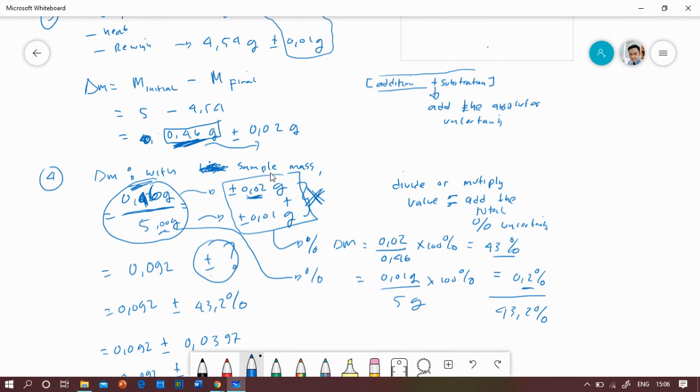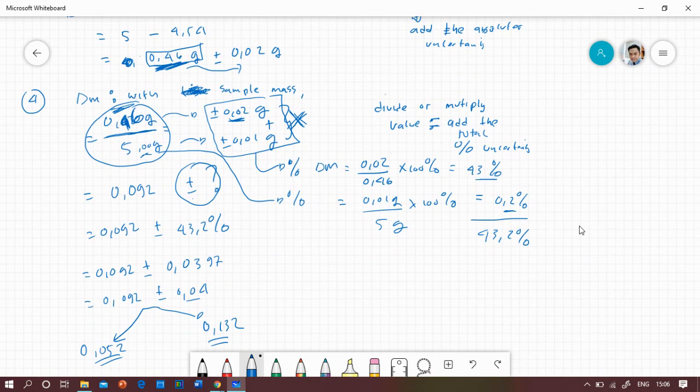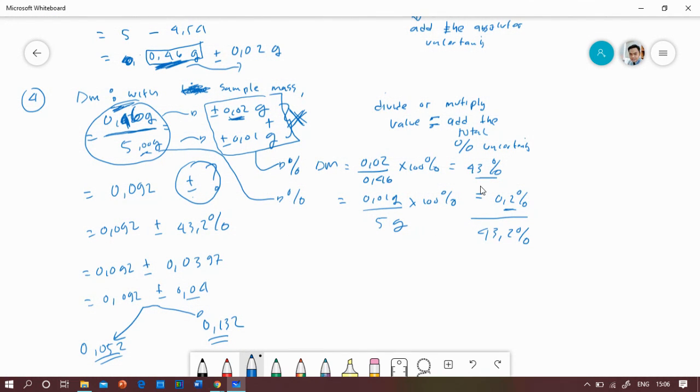You cannot add up this directly. 0.02 plus 0.01 cannot, but you have to calculate the percentage of it one by one. So the upper side, the percentage will be 0.02 divided by the value 0.46, and the bottom side is 0.01 divided by the value, then times 100, and then you will have this 43% and 0.2%. This is the percentage of uncertainty of each, and then after you have the percentage, then you can add up. So 43 plus 0.2 is going to be 43.2%.